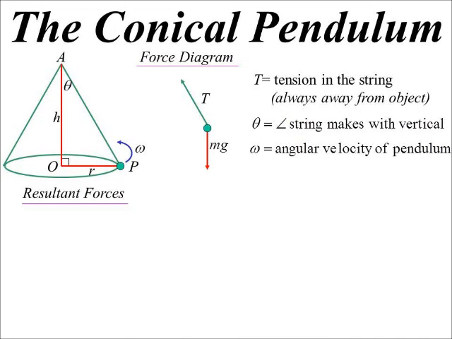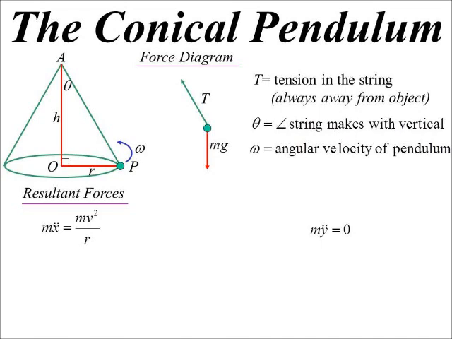So we resolve them, but again we're going to break it into horizontal and vertical because it's a lot easier to deal with. Because horizontally, it's just circular motion. So we know the resultant force is circular motion, mr omega squared or mv squared on r, depending on how we want to deal with the velocity. Vertically, nothing, because hopefully it's staying in a nice horizontal circle.